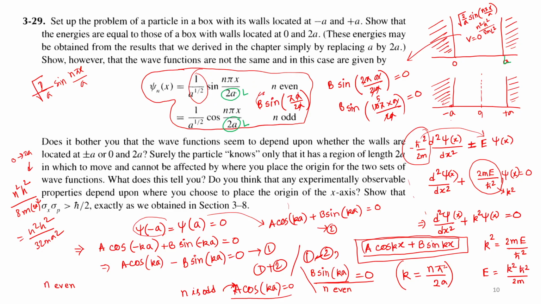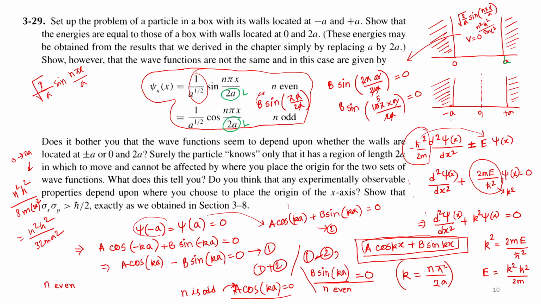It is still a sine or cosine function, and it is almost identical, n pi x by L, right? What do you think? Yes. So that is what I'm trying to say, that the particle doesn't know where it is. We are setting the coordinates and depending on that, you are going to get similar types of wave functions.